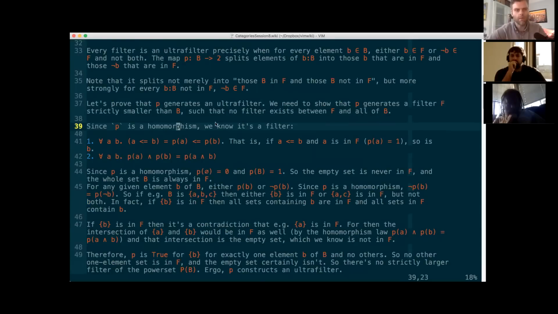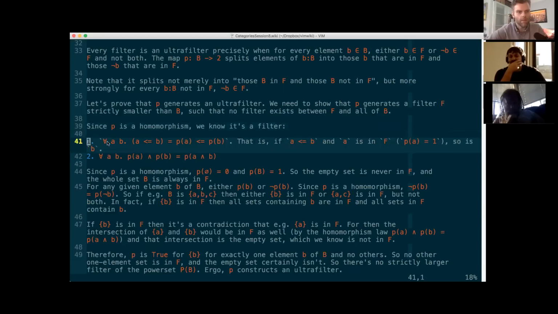We know that it preserves the 0 and the 1. We know that it preserves the ordering, right? We know that it preserves intersections, unions, and complements. So therefore, we also know it's a filter, because this number 1 here is a homomorphism law.